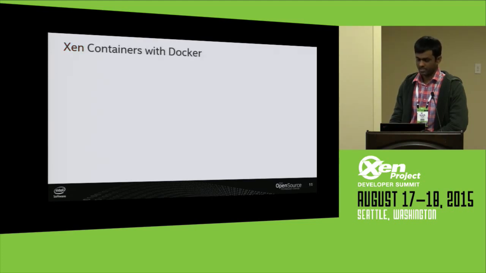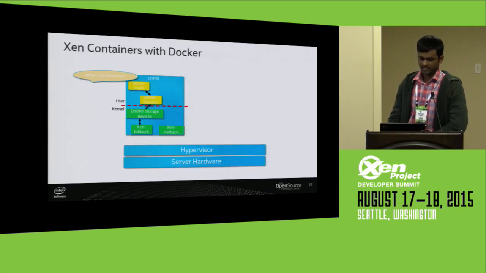So now let's look at how we can use Docker. Another selling point is how they package their images and how they can deploy them anywhere. So let's see how we can use the same Docker image within the Xen guest or PVH guest.